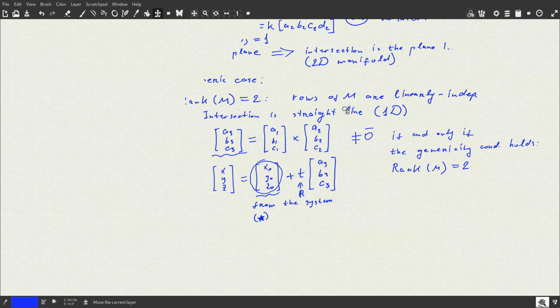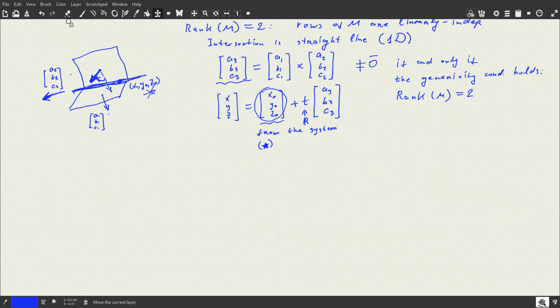So let us examine our system of equations once again. In order to find this point, we again consider the same system star, but I now write x0, y0, z0 for that case. So a1 x0 plus b1 y0 plus c1 z0 plus d1 equals 0, and same a2 x0 plus b2 y0 plus c2 z0 plus d2 equals 0.